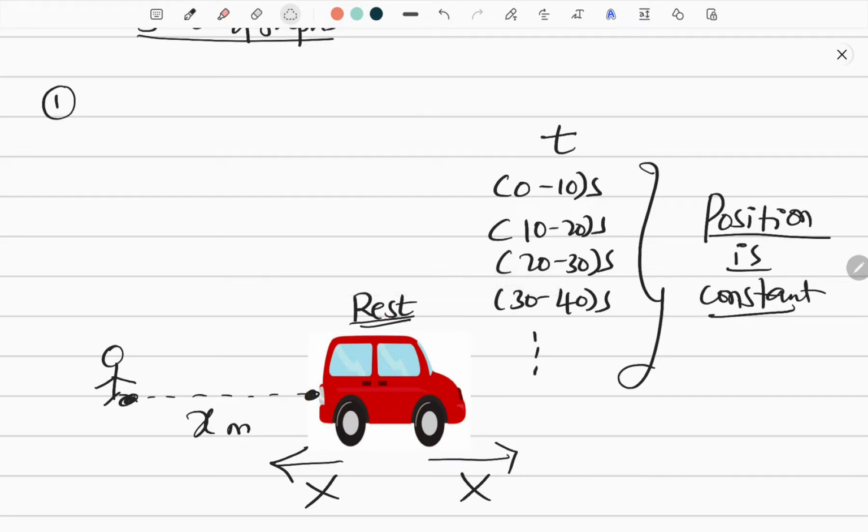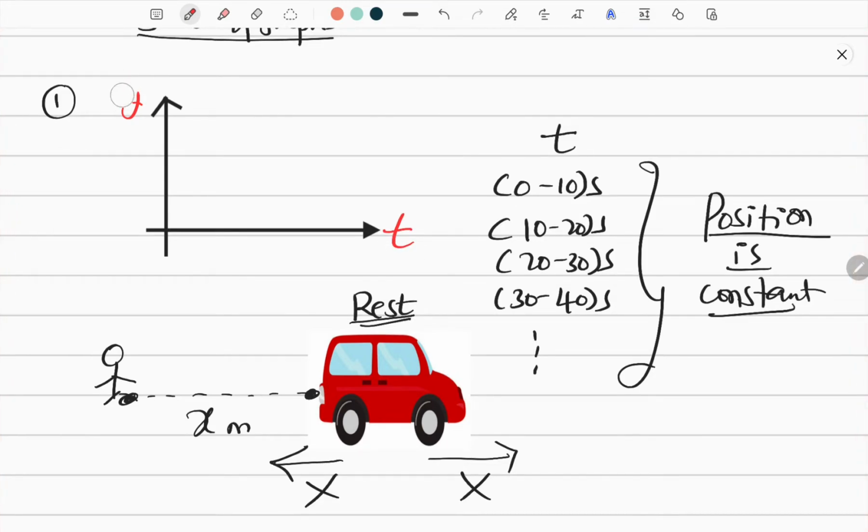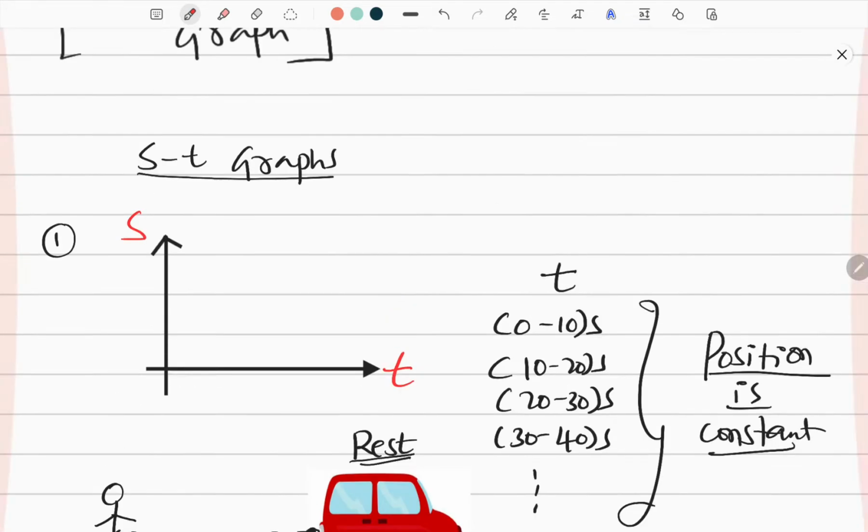Now how to represent this in the form of a graph? That's a very important thing. Let me take this as the y-axis and this one as the x-axis. You definitely have an idea about these things. Let me change the color and show you. This is the x-axis and this is the y-axis, and in the displacement-time graph, instead of x we write t, and instead of y we write s. So what does it mean?